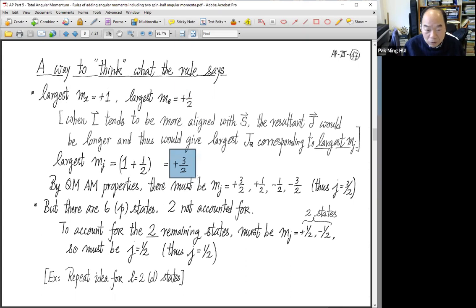So it is 3 over 2. Once we have this MJ, because the angular momentum Z component runs from plus 3 over 2 to minus 3 over 2, there must be a J value corresponding to 3/2. You cannot escape that, okay? And then we know there are 6 states. So this accounts for 4. There are only 2 states left. Within this description, the other J can only be 1/2 because MJ can only take on 2 more values. Thereby, our rule makes sense.